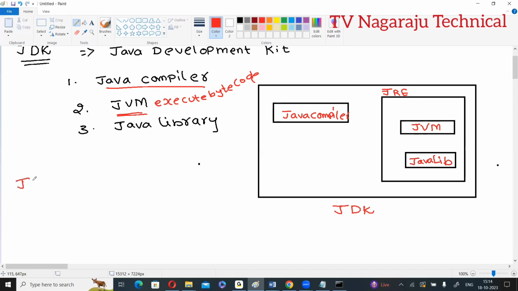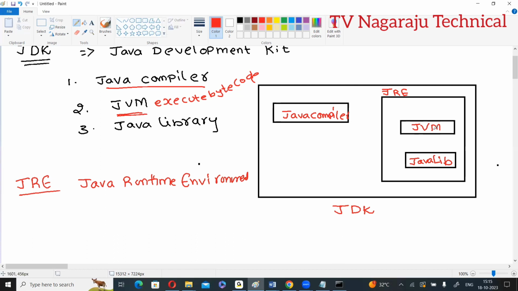Now I am moving into JRE. It stands for Java Runtime Environment. The JRE consists of JVM and the Java library.